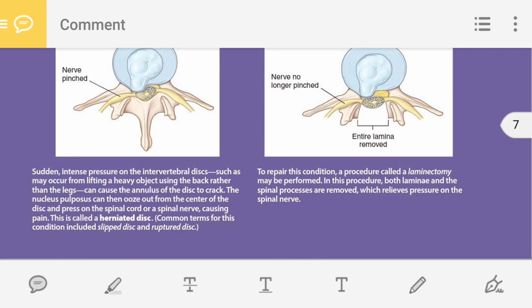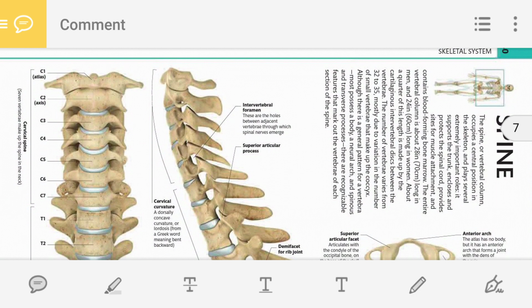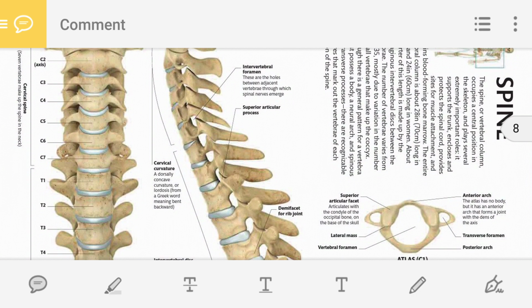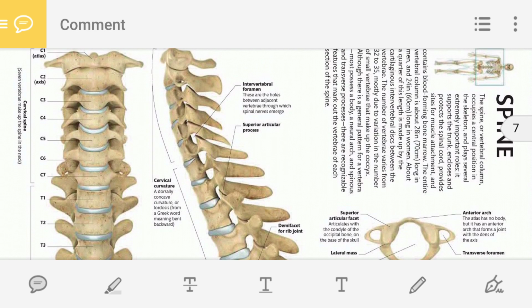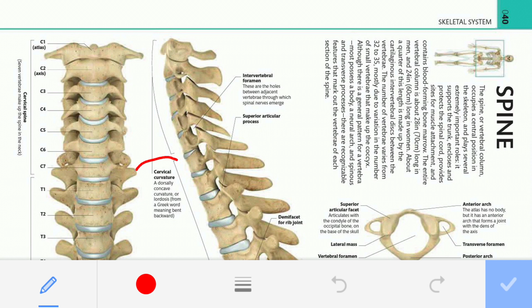Okay, now before I wind up this lecture, I would like to show you the curvatures. Over here you can go through this. For example, this one is the cervical curvature.